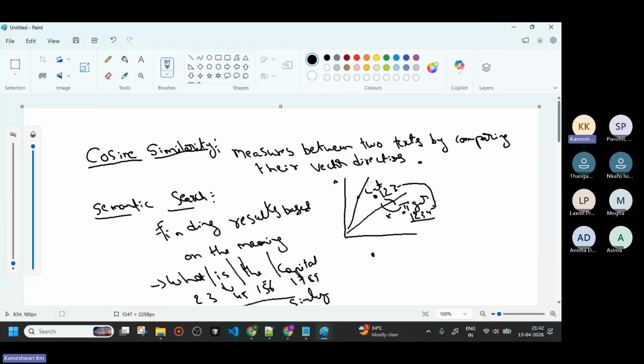So when we write automation, either we will use cosine similarity or semantic search. Semantic search simply means understanding which answers are the same, which are more similar.